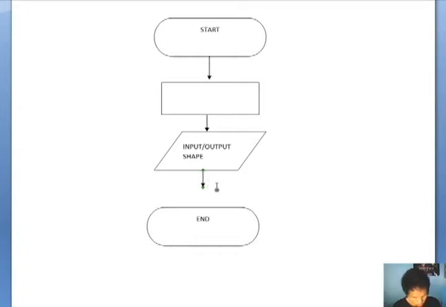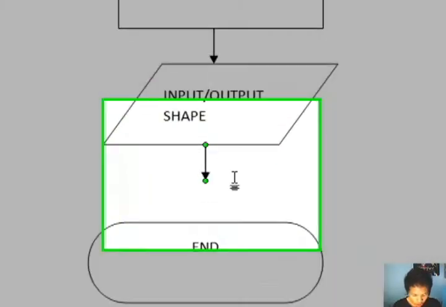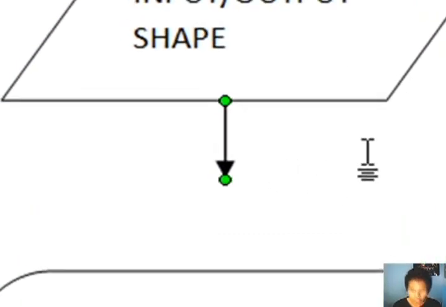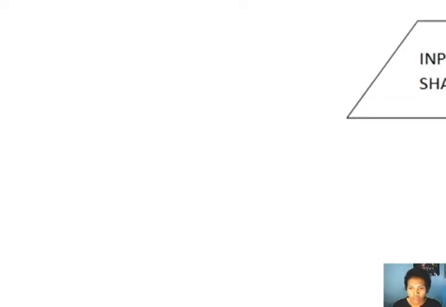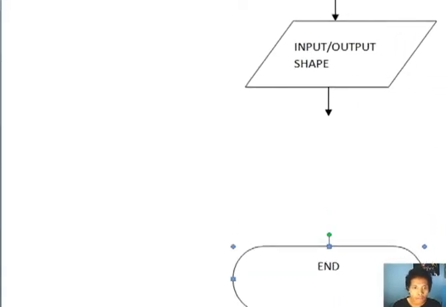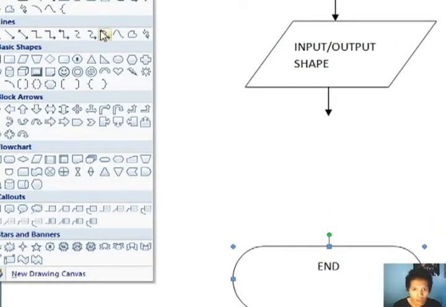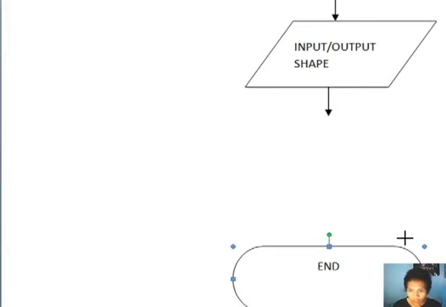Now I'm going to introduce to you another symbol, which is called the decision symbol. The decision symbol is represented by a diamond.